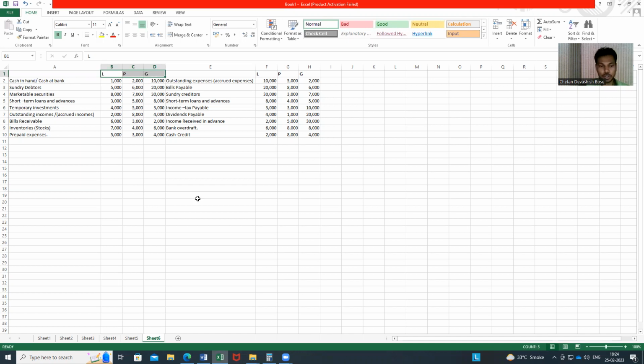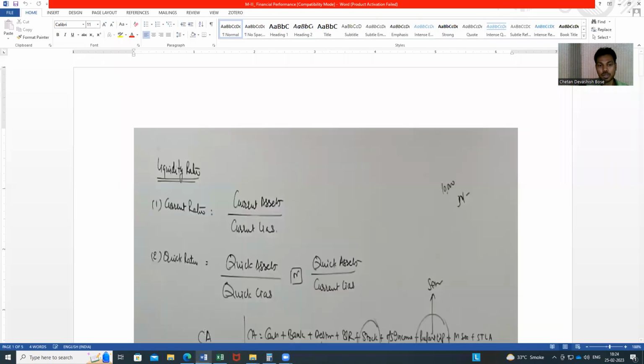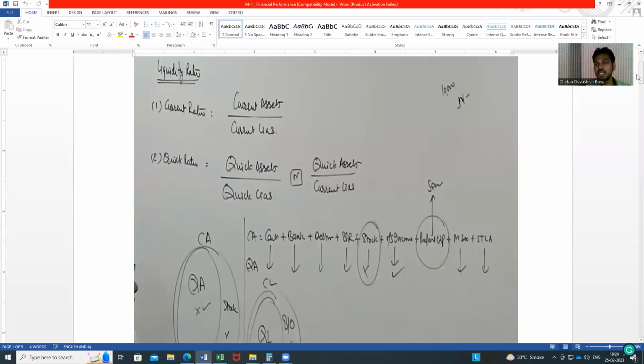Okay, so let us first go through a few basic ratios that we need to remember. The first is liquidity ratio, wherein all these ratios compare any element with current liabilities. That is what we need to remember. Liquidity ratio actually checks how much asset you have in order to pay off your current liabilities.